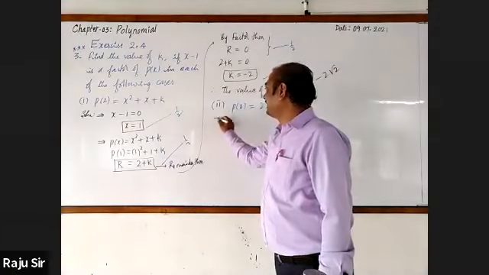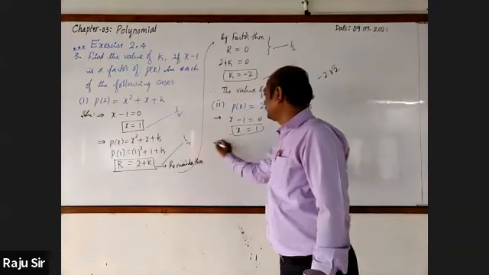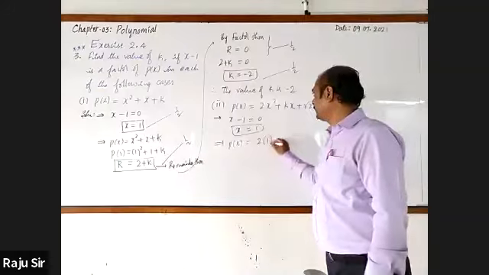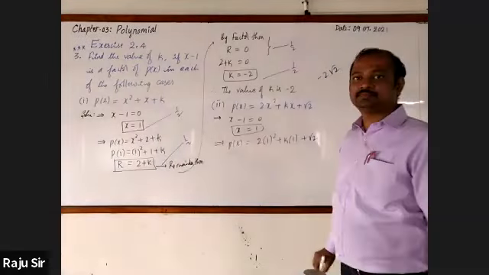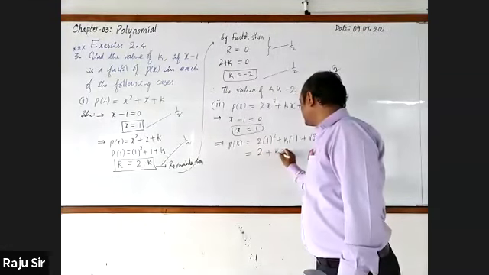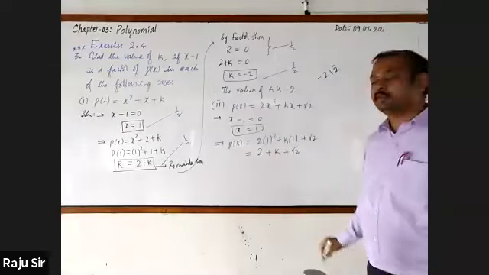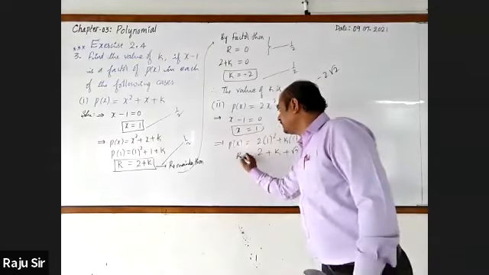Why? X minus 1 equal to 0, so x equal to 1. Then p of x is equal to 2 into 1 whole square plus k into 1 plus root 2. It is 2 plus k plus root 2. This is only the remainder.